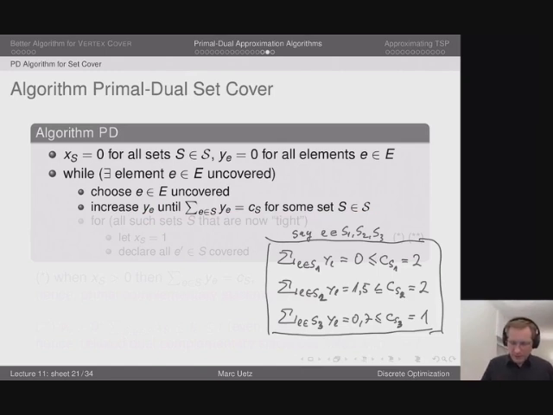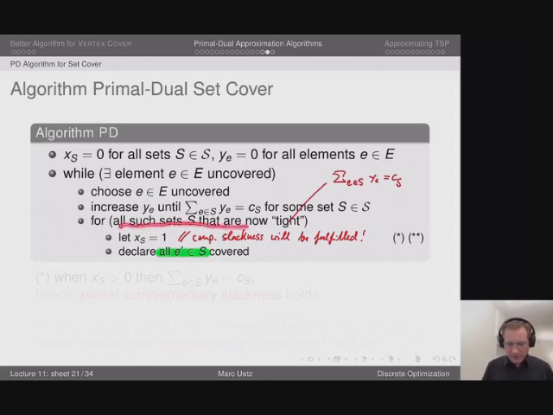Now it could also be that once I have increased this dual variable YE, several sets get tight simultaneously. And now for all such sets for which this dual constraint is tight, that means fulfilled with equality, I do the following. I select the corresponding set S for which this dual constraint is now tight. And notice that by selection, complementary slackness will be fulfilled because I set this variable larger than 0 only if the corresponding dual constraint is fulfilled with equality.